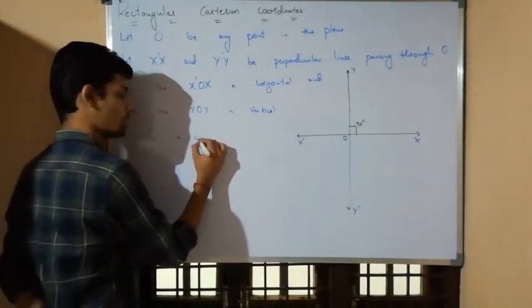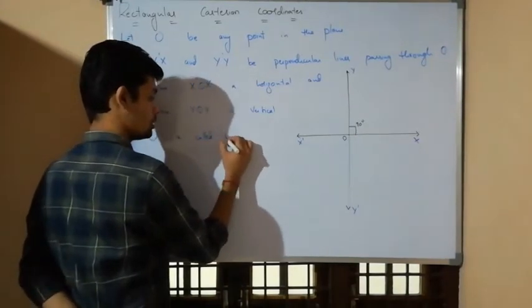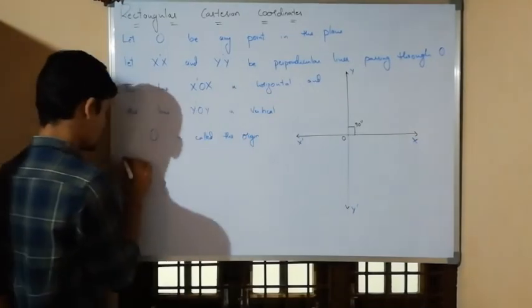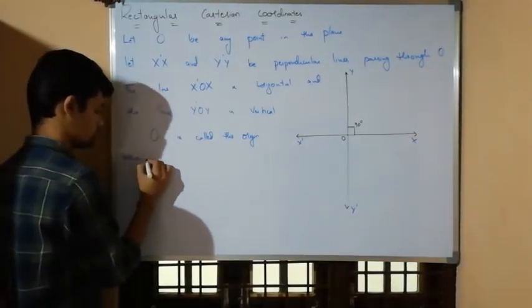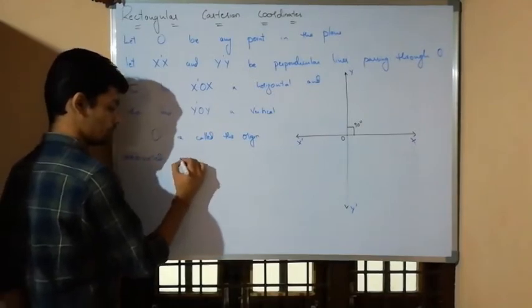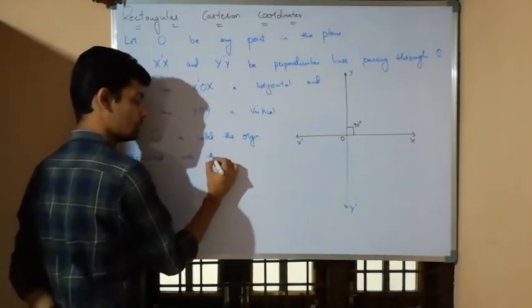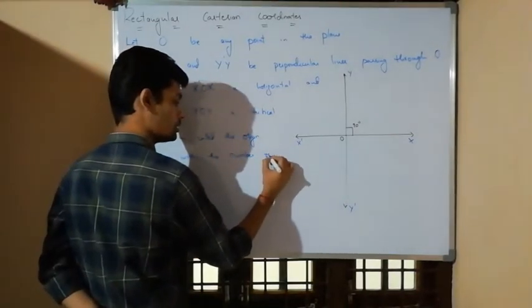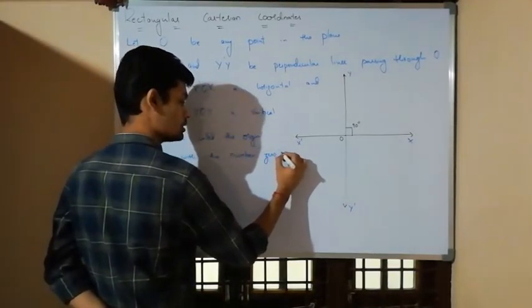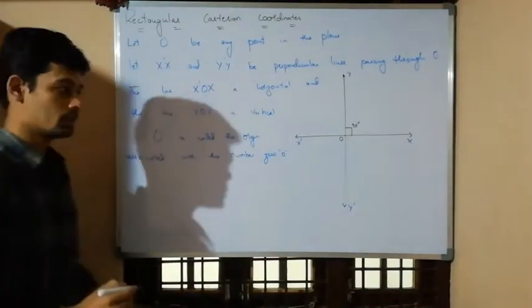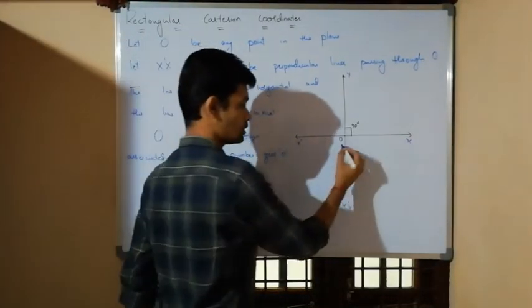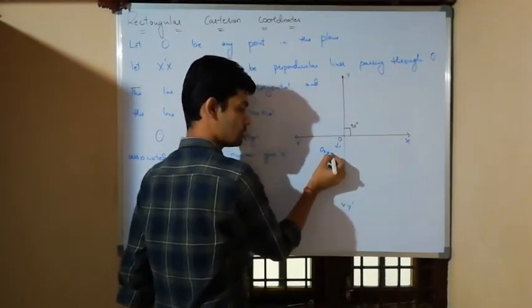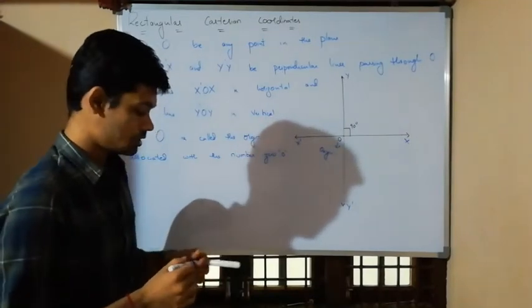O is called the origin, associated with the number 0. So this one is the origin.